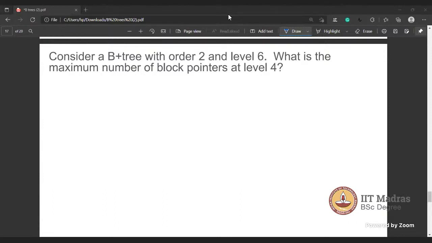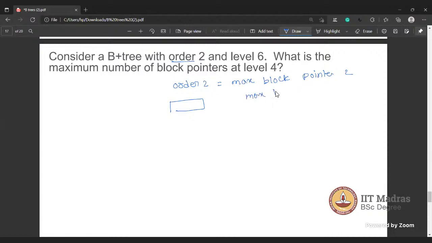Is the answer 2 to the power 5 or something? So how to proceed with these types of problems? Okay, so see, order 2 means the root node will have a maximum of 2 block pointers, and the maximum key will be 1.